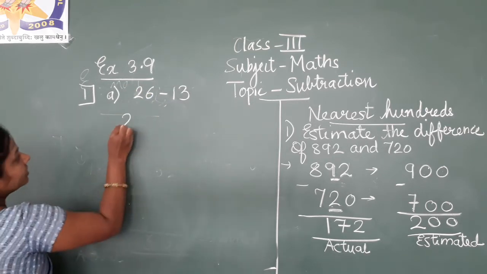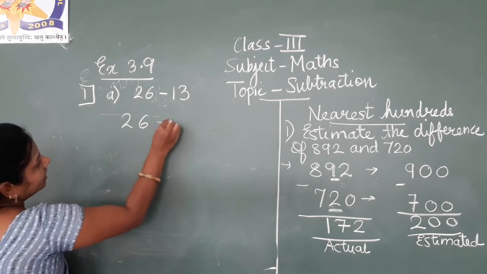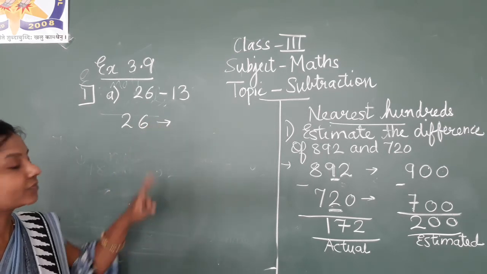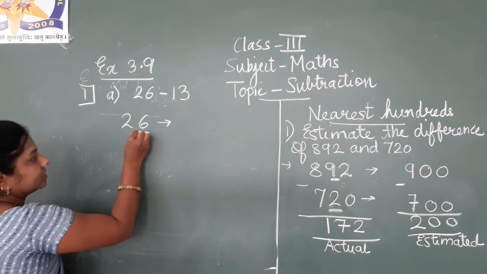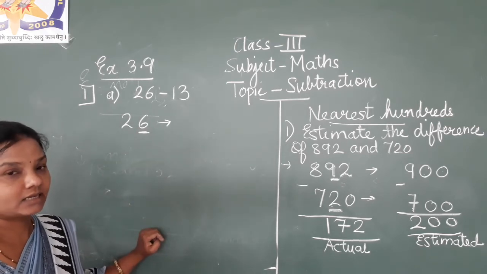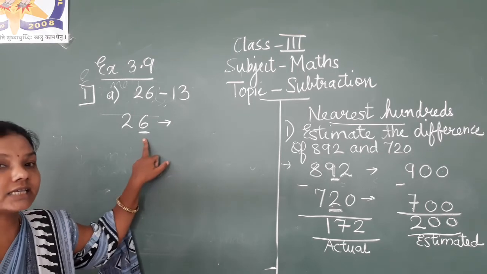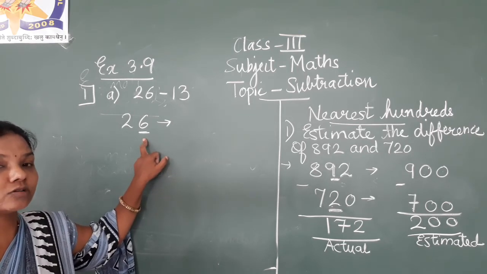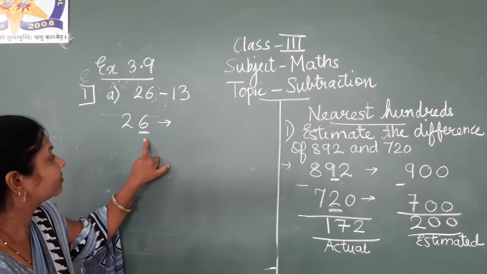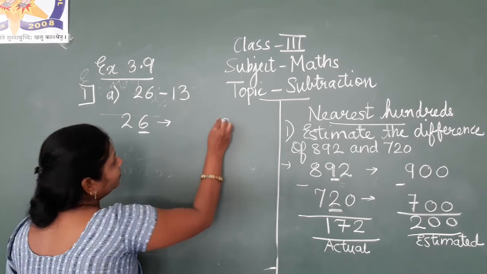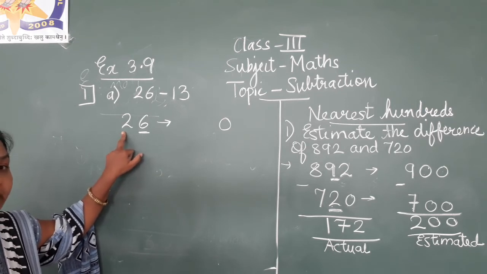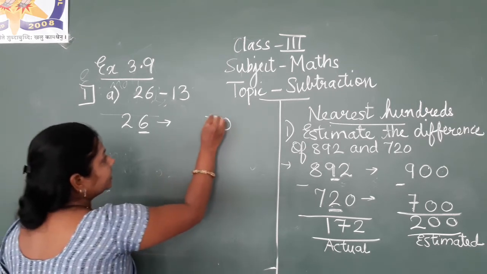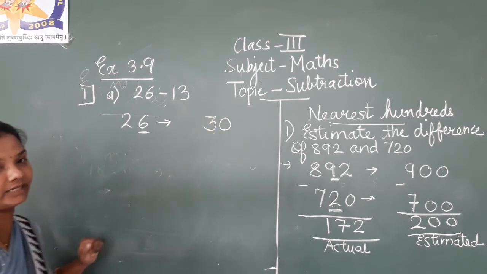So write down the numbers. 26 round off to nearest 10. Nearest 10, check the digit at ones place. It is 6. So if it is 6, which group is it? It belongs to second group. Second group, so put 0 at its place and add 1 to the tens digit. That is, it becomes 3.